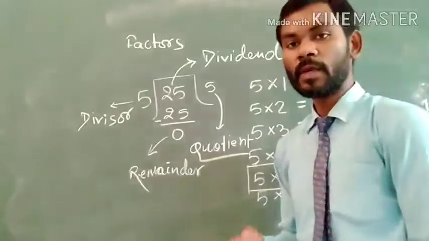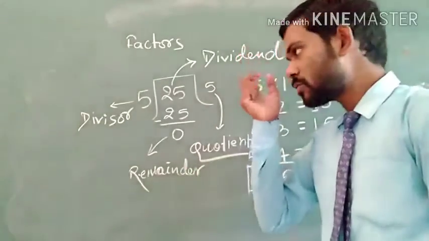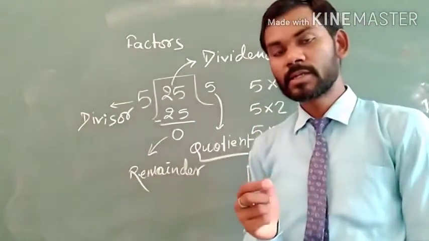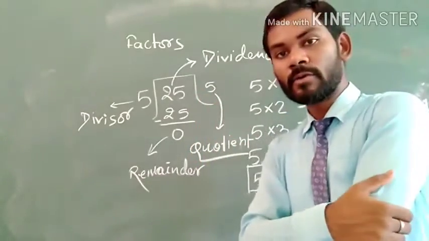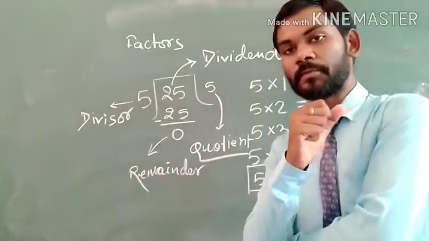But here we need not know more about division. Here I just want to show you that whenever any number divides a given number and leaves remainder 0, such a number has a specific name.